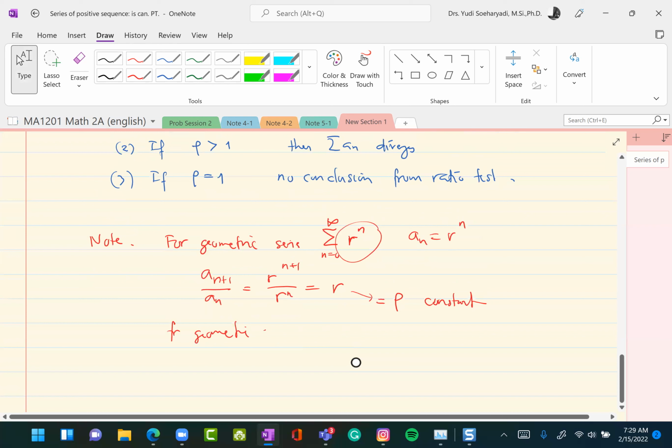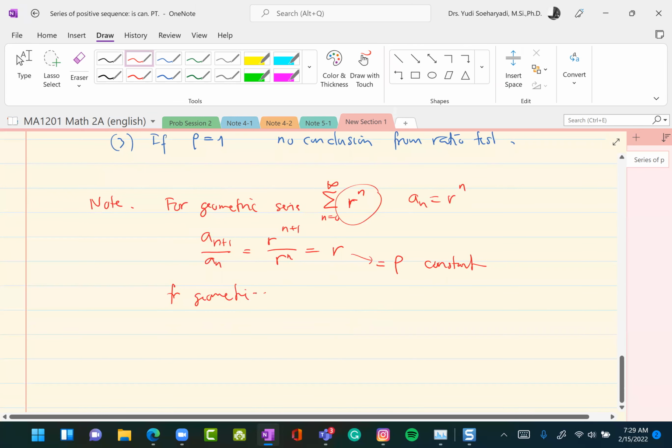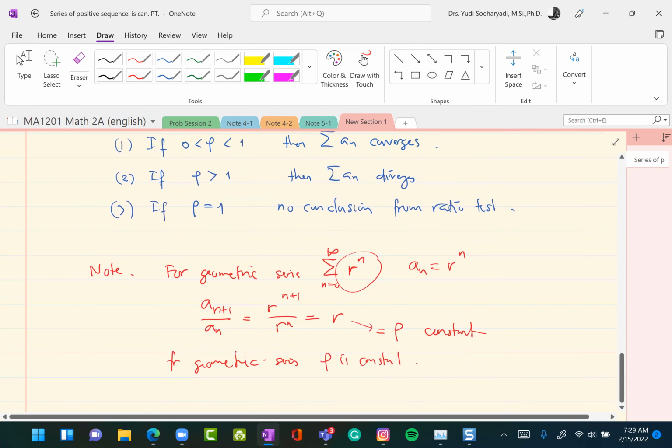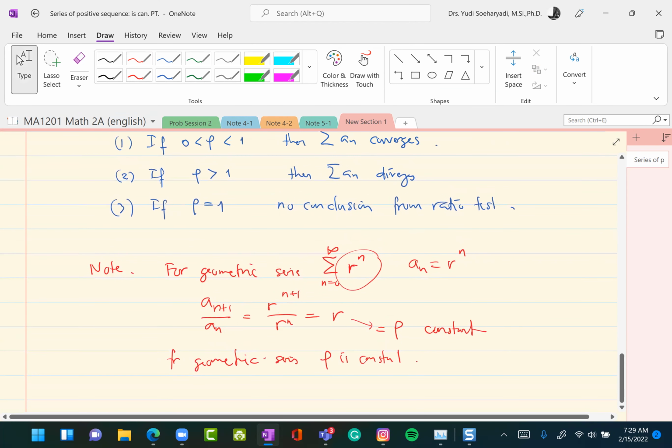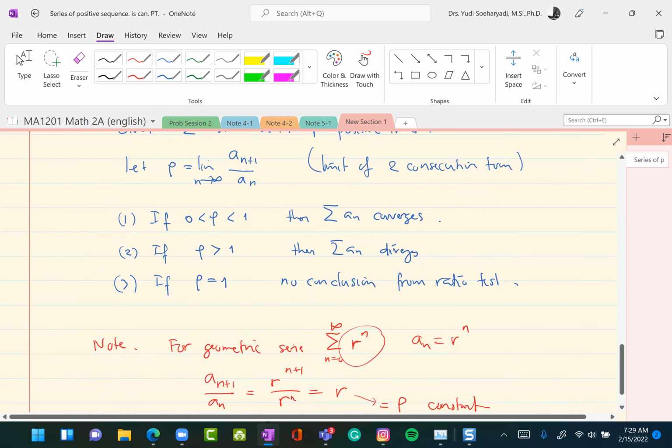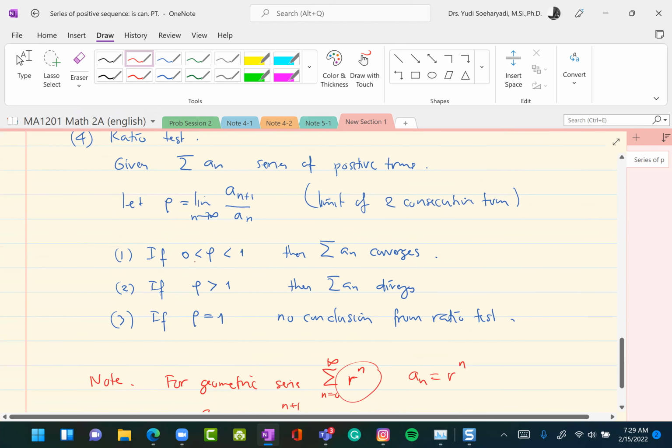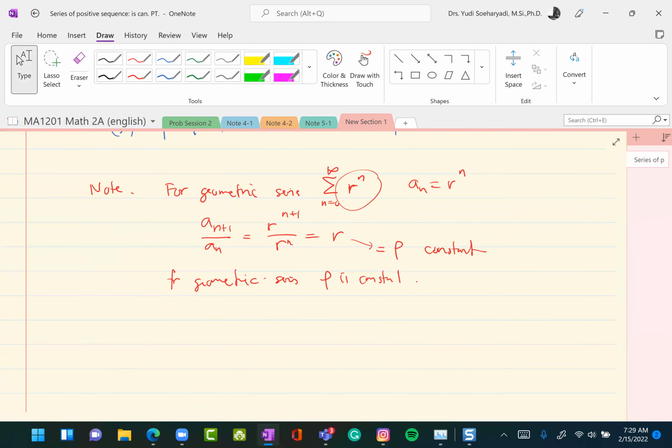So rho here is the ratio. For a geometric series, rho is constant, so by this test it depends only on the value of rho.